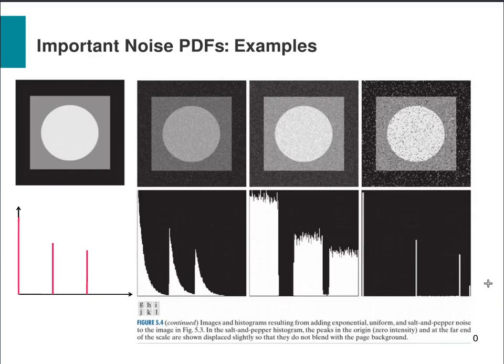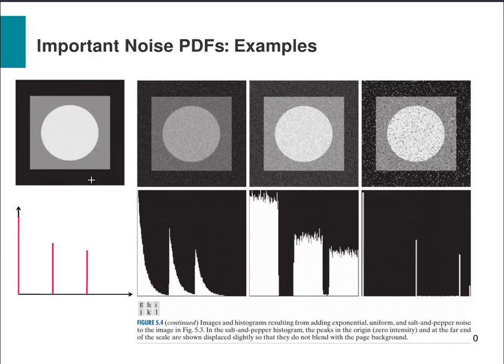For the salt and pepper noise, it's a little bit trickier to see, especially since we had this image which had an area that was completely black. So when you apply it, you may end up with extra spikes. This example is not a very good example to represent the salt and pepper noise. Of course, this is the image that was chosen by the authors of the book.